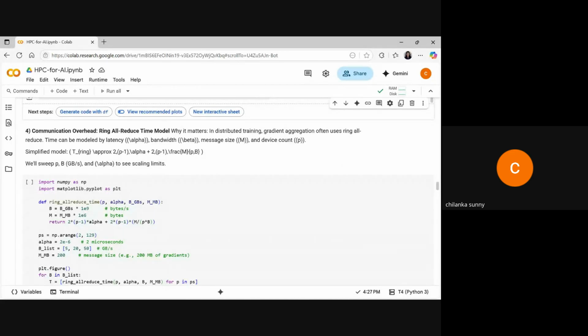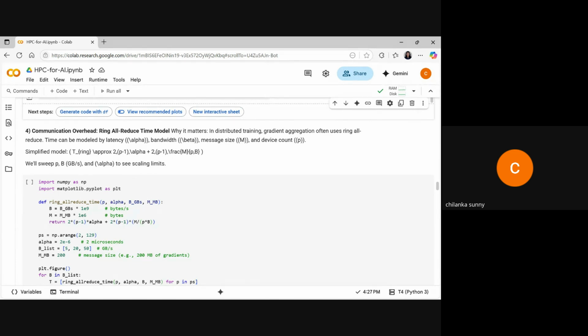In ring all-reduce, we are splitting or distributing the training operation across multiple nodes. First, the split input data needs to be sent to each of the nodes, so there is some communication overhead, and once all these individual nodes have done their processing, the results need to be reduced.